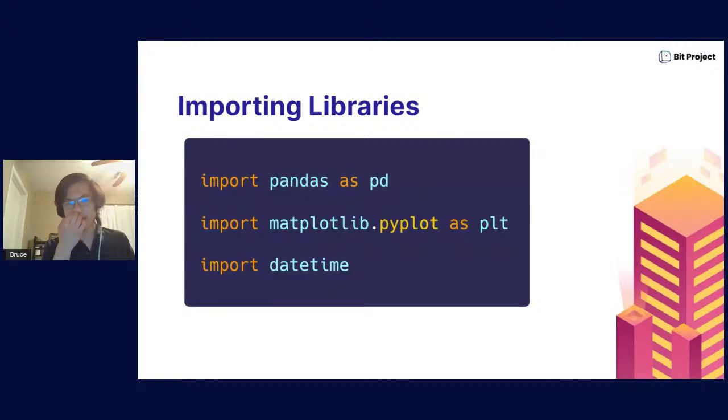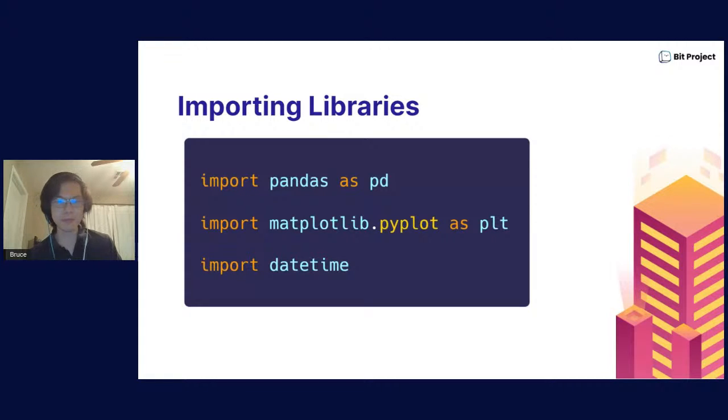Okay. And right, now we're getting into the code. As with last time, we are going to be importing the libraries first, because if we don't import the libraries, then Python doesn't know that we want to use them in the first place. So we're importing pandas as PD. It doesn't really matter what you import it as, but PD is kind of the standard name. So every time we want to refer to pandas, we're actually going to be calling it PD.